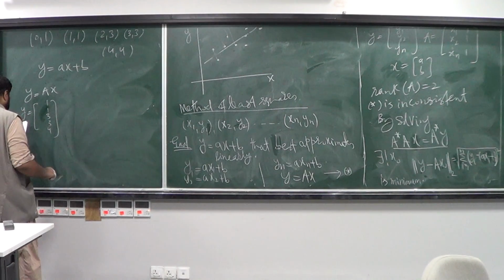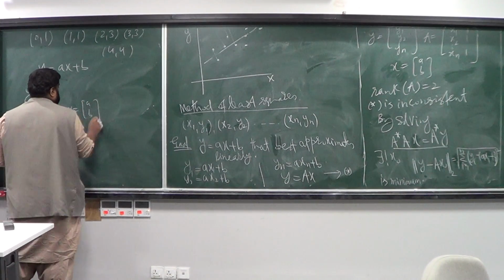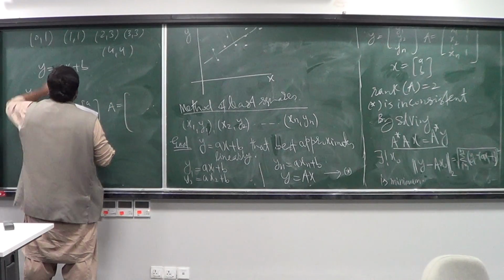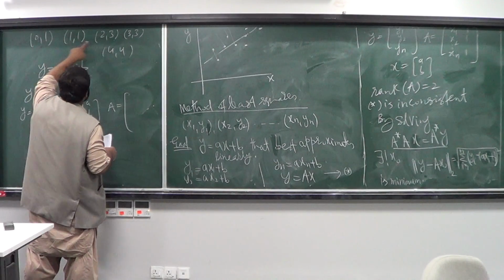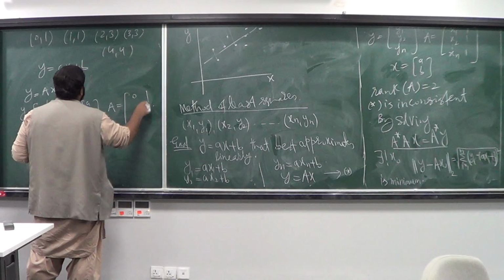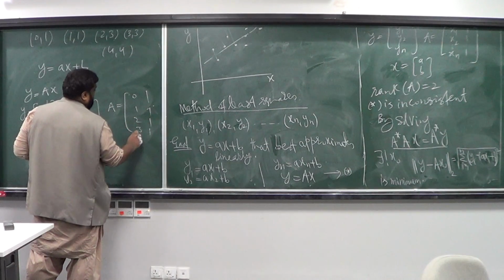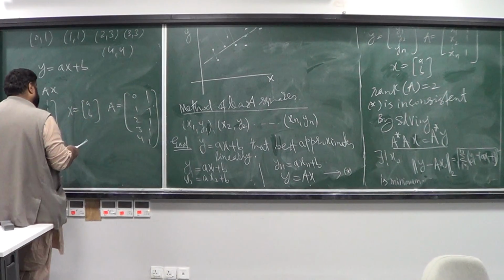This is y, and my x is (a, b). And my matrix A has the coefficients: first component with 1, so 0, 1; 1, 1; 2, 1; 3, 1; and 4, 1. So this is what it is going to be.